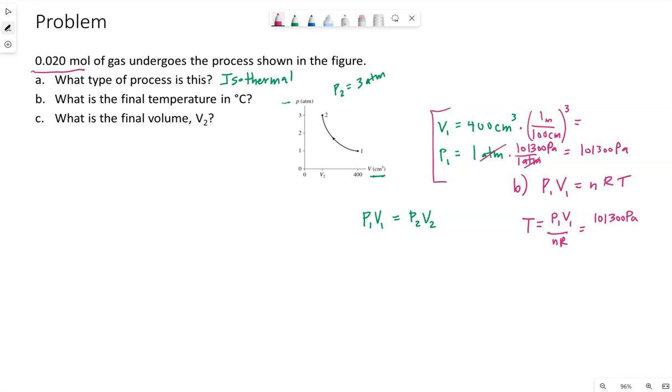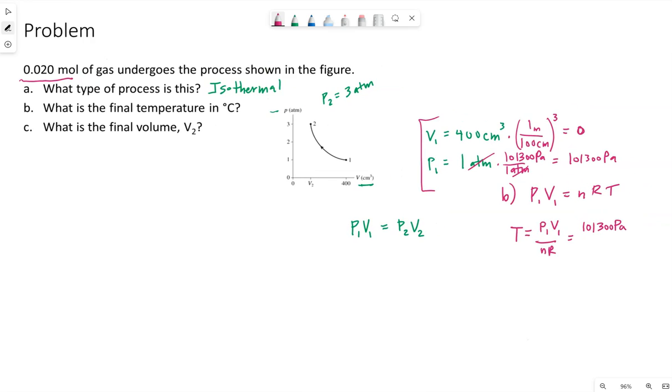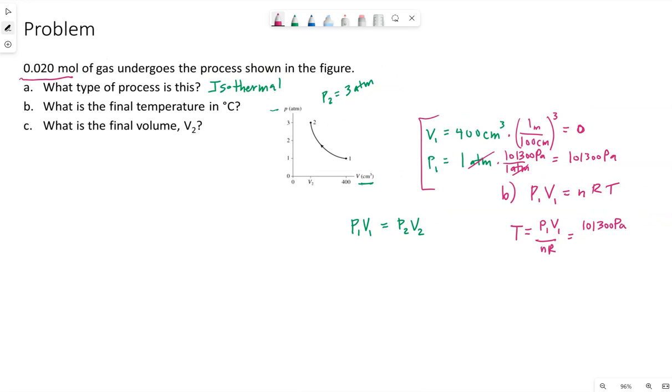So this volume is 0.0004 meters cubed. And they gave us R, our constant, so we can find our temperature.